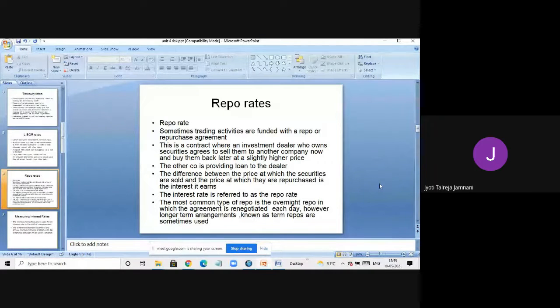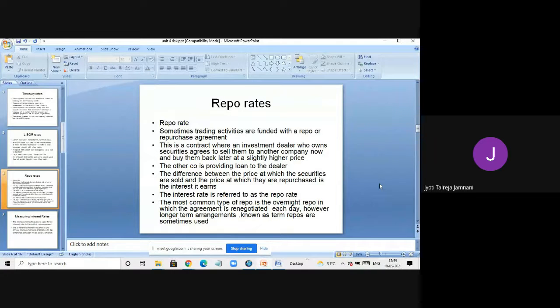And after 1 month, I will repurchase those bonds from you for 1100 rupees. So I am telling Pranali today, take my bonds for 1000 rupees and give me 1000 rupees today. Keep the bonds with you for 1 month. After 1 month, I will come and repurchase my bonds from you for 1100 rupees. So Pranali will agree to it.